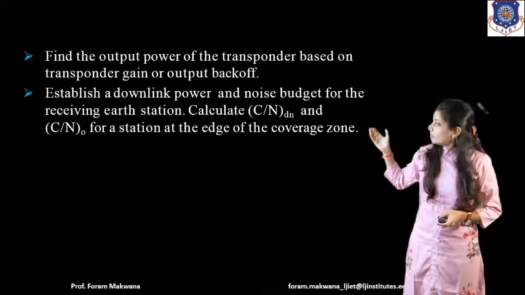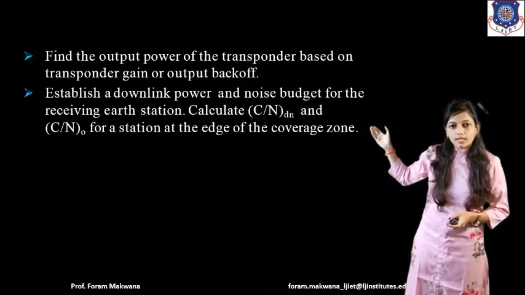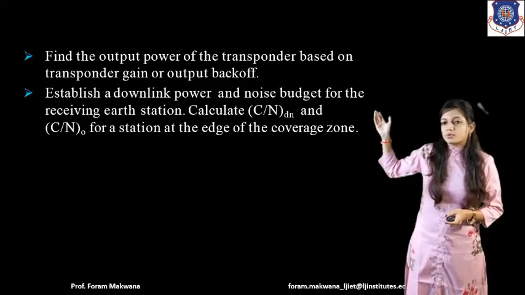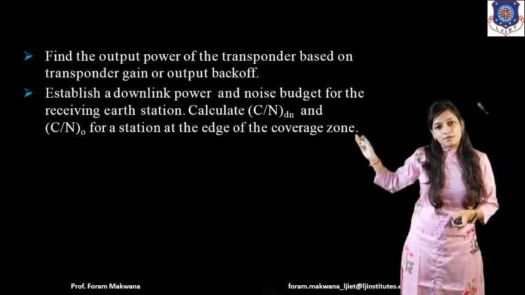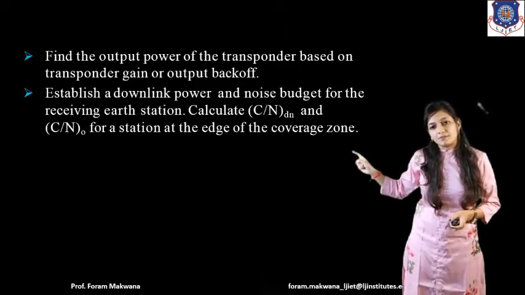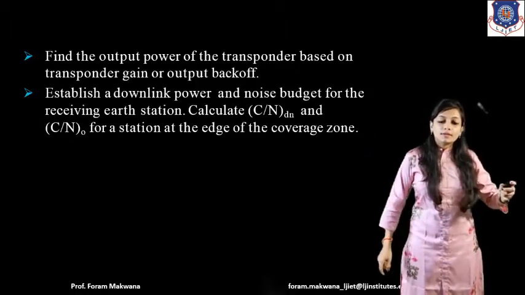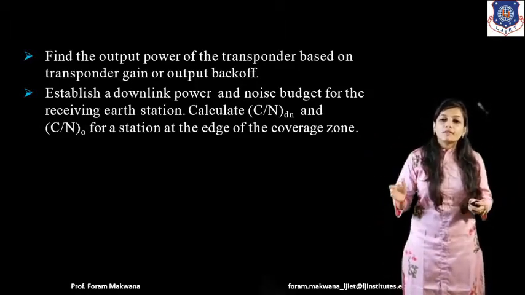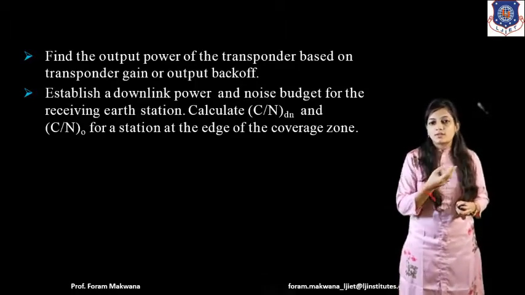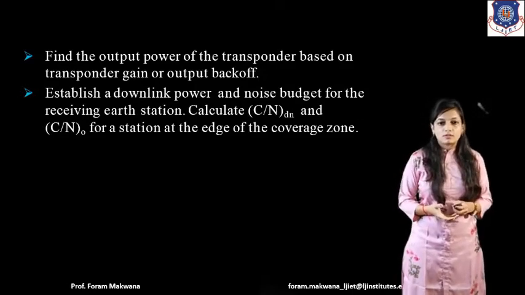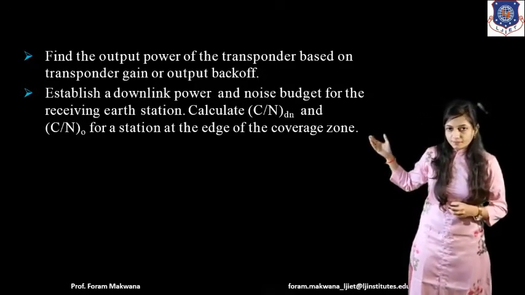As we are going to establish for the downlink, we need to consider carrier power and noise power for the receiving earth station. If we are dealing with the uplink, we need to consider carrier power and noise power for the transmitter, or you can say transmitting earth station, right?